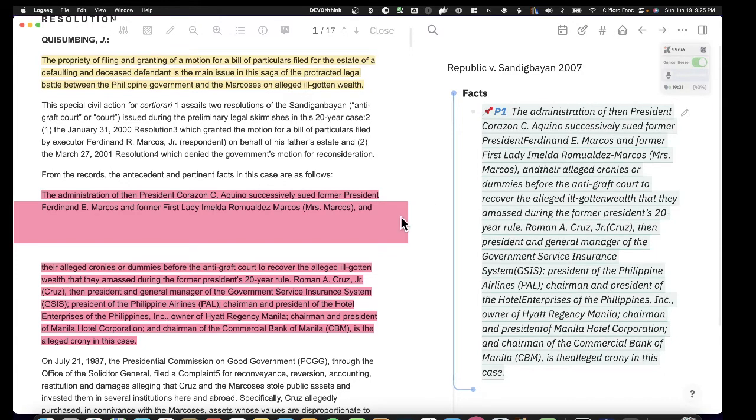So balik tayo, no? Lagyan ko ng color. So I'm using pink, or orange na lang.